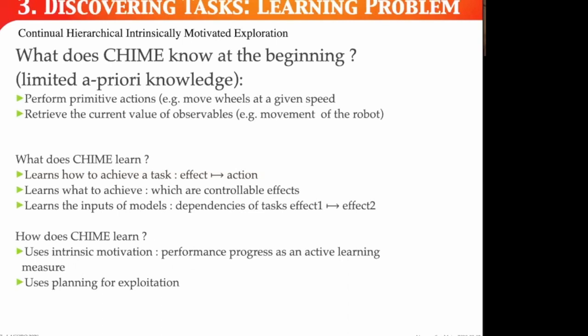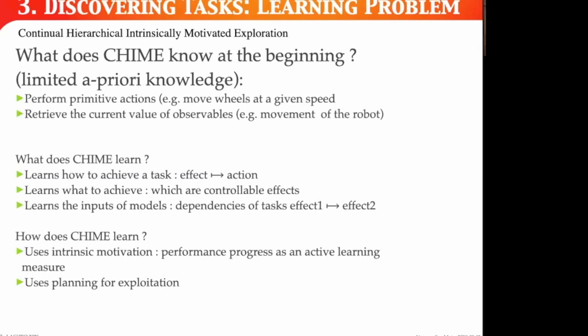So what's the purpose of SGIM? What does it learn? Well, it learns, like before, how to achieve a task, to learn the mapping between an effect or an outcome in the environment and which actions it needs to use to have this effect. It also learns what it can control, what it can achieve, what tasks there are to learn, which are the controllable effects and which are not related to its actions.